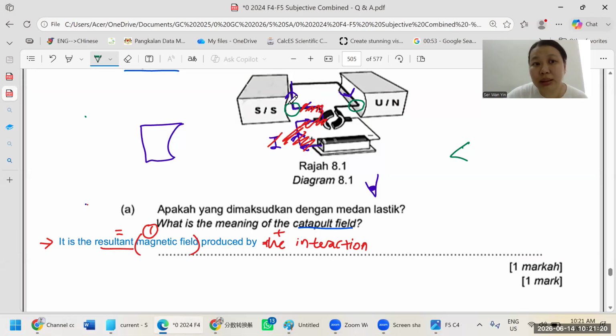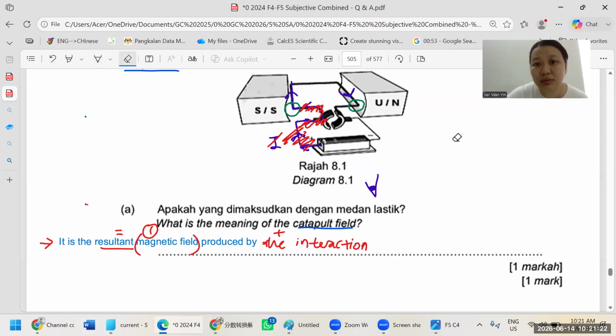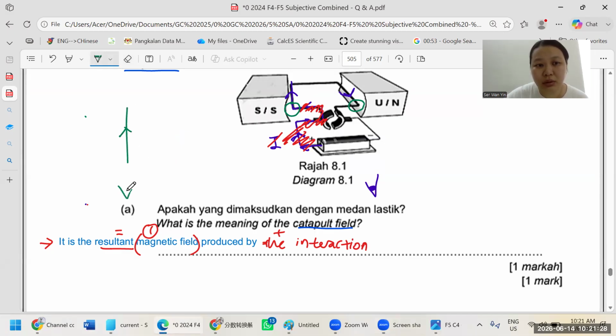So now this part going in, should it be a cross or a dot? Fast. Dot or cross? The current goes this way, your eye is here. Yes, it's a cross. Then the current flows back towards you on this side.